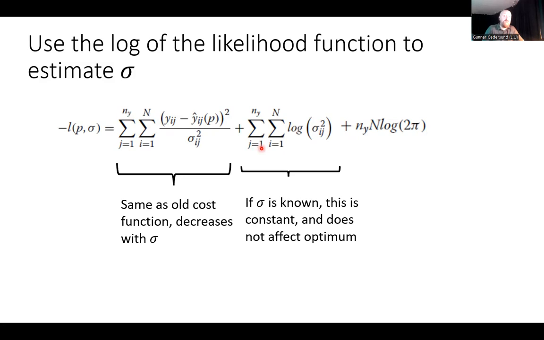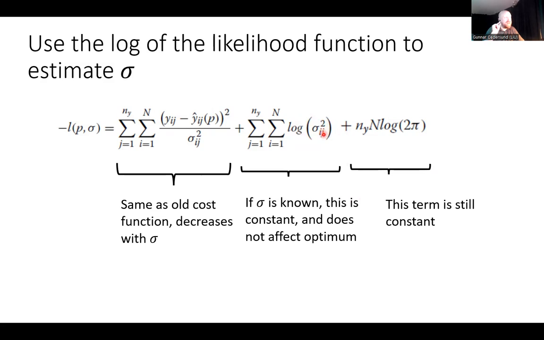So then the optimum for this combined function and just the old cost function will be the same, because this term will only shift the value of the likelihood up and down, but it will not distort it. But if you don't know sigma, so you're also varying over sigma, then depending on the value of sigma, you will get a different likelihood or log likelihood. So this one is always constant, but this one depends on sigma.